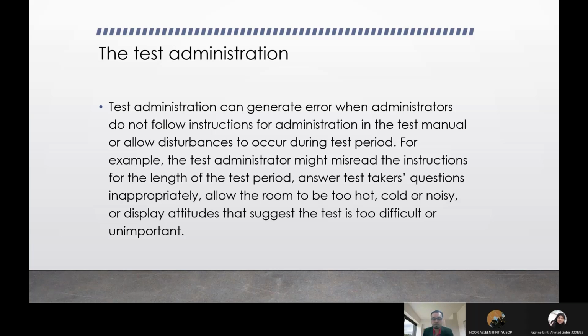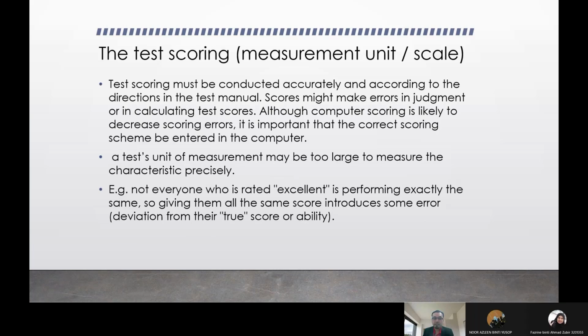And then the test scoring, or the measurement unit or scale that we employ in that particular instrument. So the test scoring must be conducted accurately and according to the directions in the test manual. Scorers might make errors in judgment or in calculating test scores.